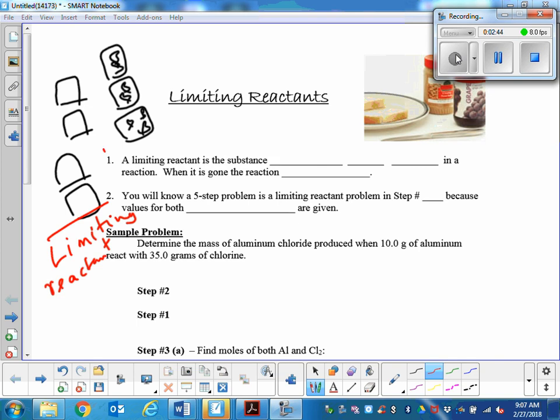My cheese is my excess reactant. Are you with me? So now you're going to calculate in your problem which is your limiting reactant, and how much of the excess reactant will be left behind.